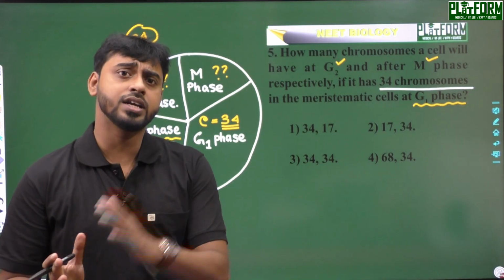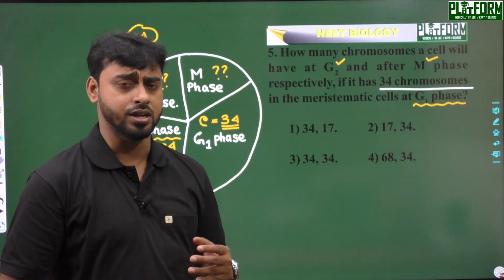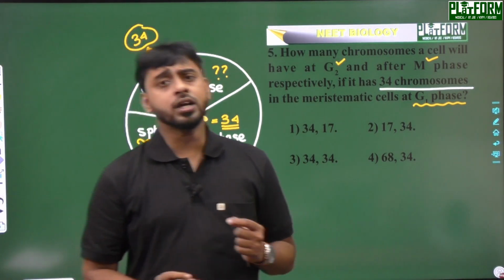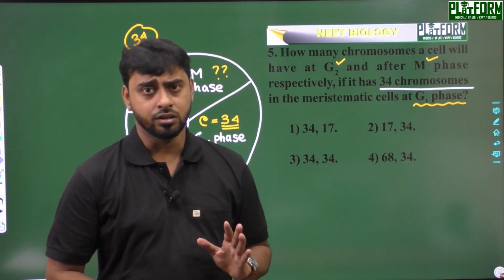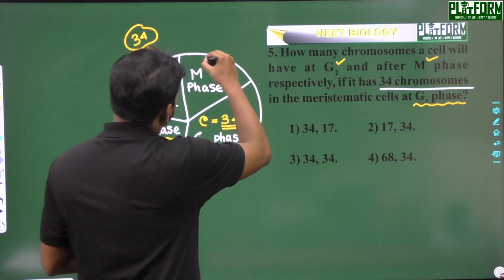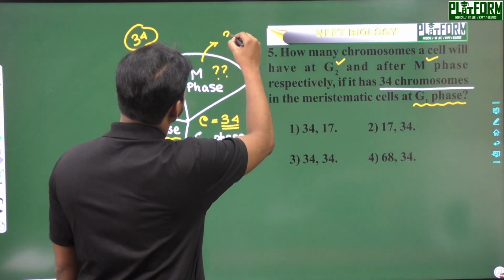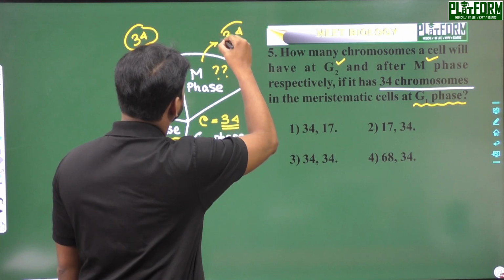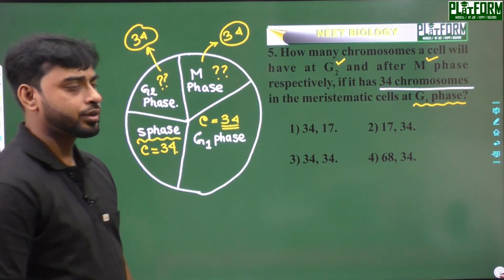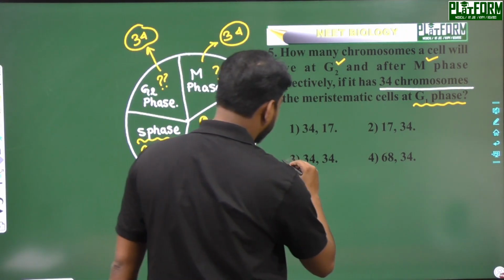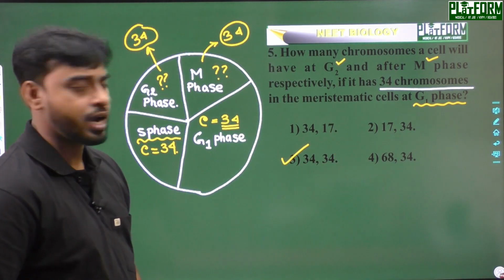That means the cell divides by mitotic division, and we know that mitotic division is an equal division. So at M phase the chromosome number remains 34. So the answer will be 34 and 34.